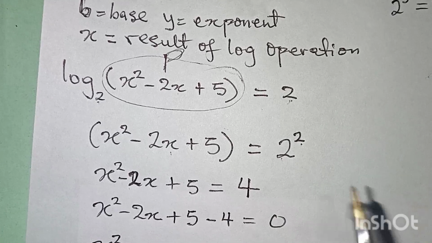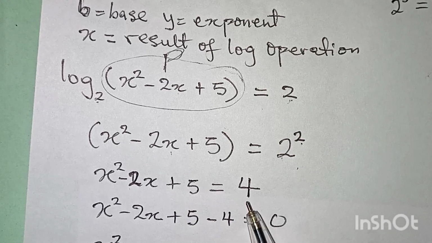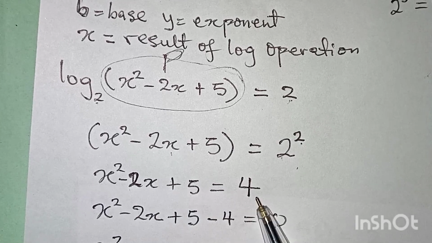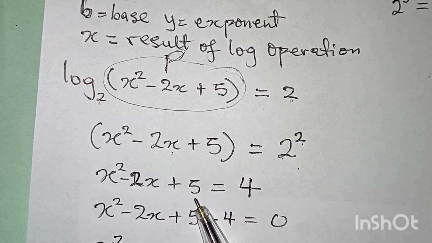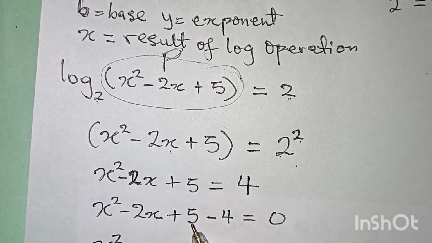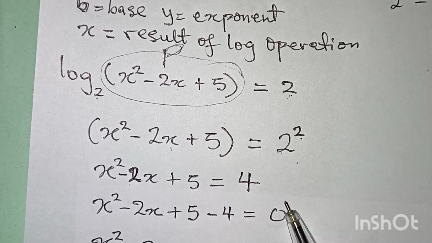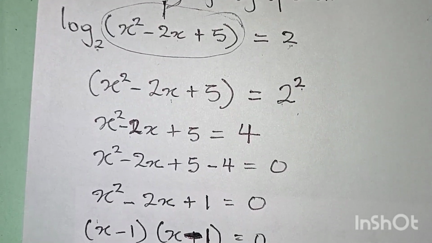So if we've been able to express it like this, every other thing is just simple algebra that we can solve and find the value of x. So 2 raised to power 2 is 4. This expression remains. We bring this 4 over here to join the expression to turn to minus 4 is equal to 0, since nothing will be on this side.